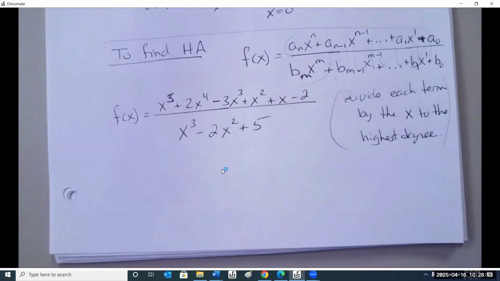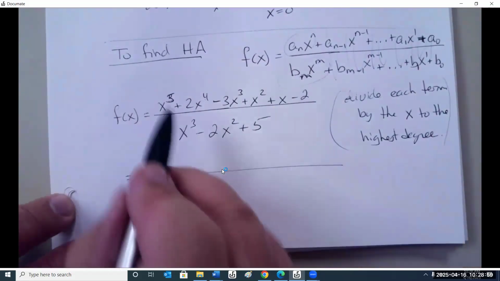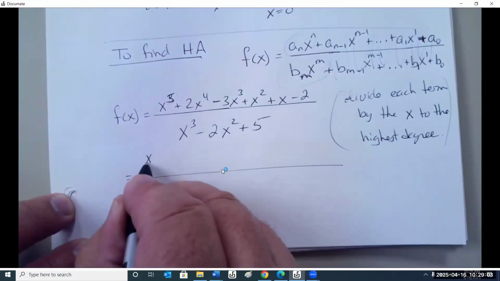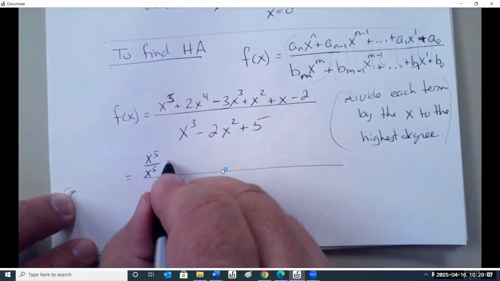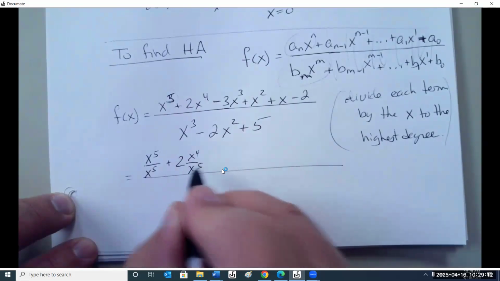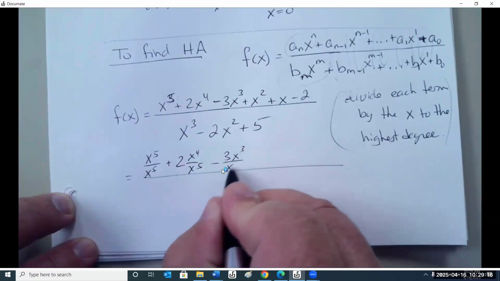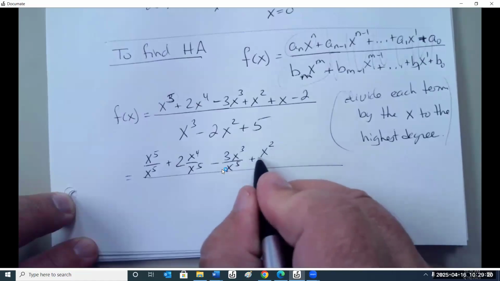What's the highest degree? Well, the highest degree is 5. So I'm taking each of these terms and dividing by x to the highest degree. I'm dividing everybody by x to the fifth.